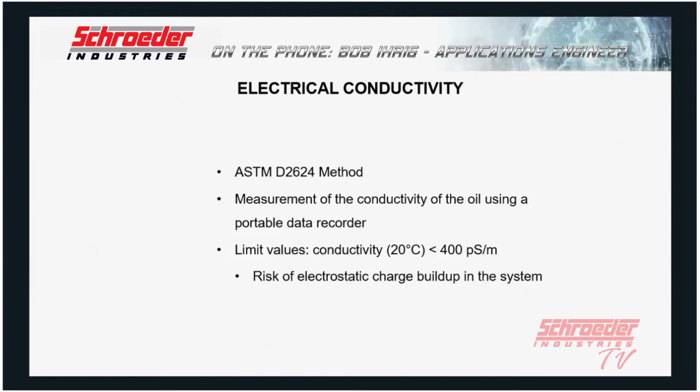For a given test fluid, if the conductivity at 20 degrees Celsius is less than 400 picosiemens, which is the unit of measure for conductivity, then the risk of electrostatic discharge is evident. It's really concerning, not only because of varnish formation, but as you'll see in the coming slides, some of these voltages seen in electrostatic discharge in hydraulic fluids can exceed 10,000 kilovolts. So it can be very dangerous and cause many different issues.